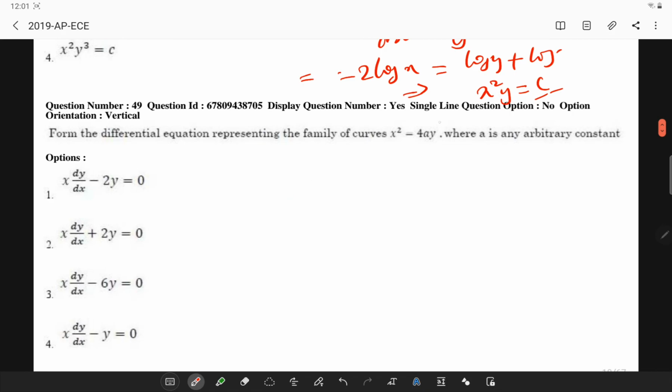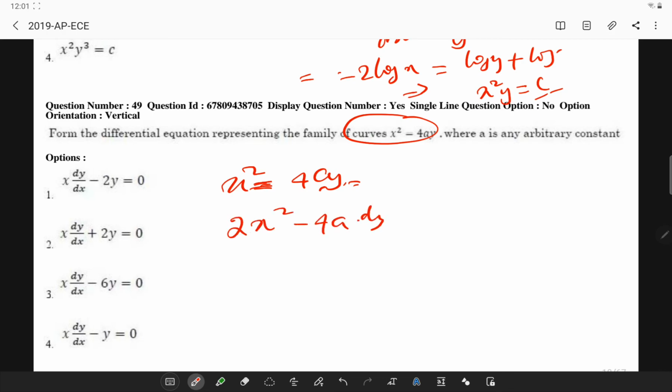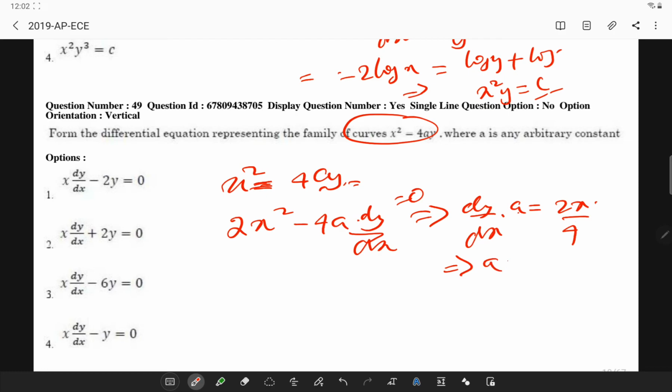The next equation is a family of curves x square is equal to 4ay, that is x square minus 4ay is equal to 0. If I differentiate this, I'll be left with 2x minus 4a into dy by dx is equal to 0. So a is equal to x by 2 into dy by dx.